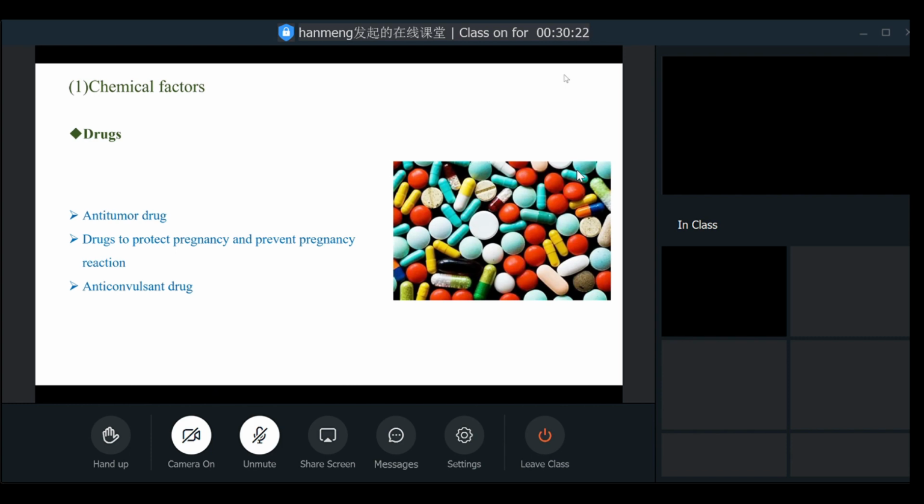This is why when a woman is pregnant, she had better avoid drugs even when she is ill.